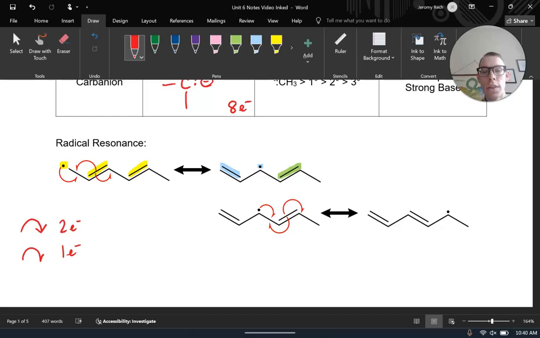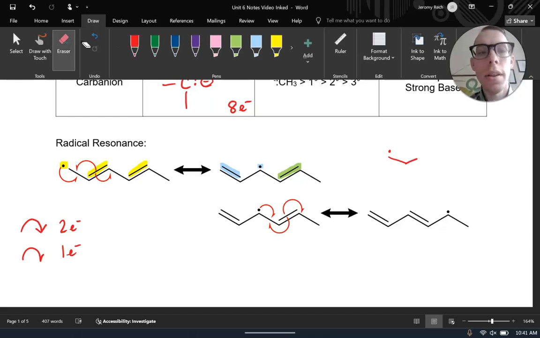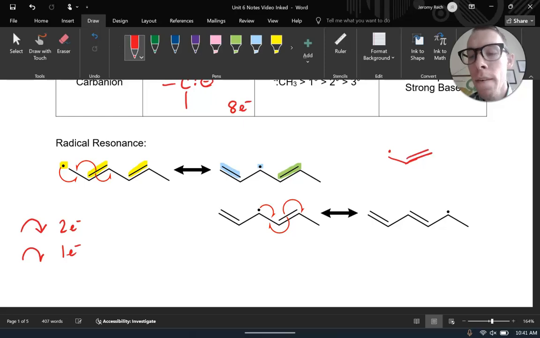We'll often show it in a way that has a nice smooth flow, but if you draw them both, like for example, if you have a radical and a double bond, and you wanted to show this one come here and this one comes there and that one goes like that, that's totally fine. They're both going to the same spot. They don't have to be one below and one above or something of that sort.